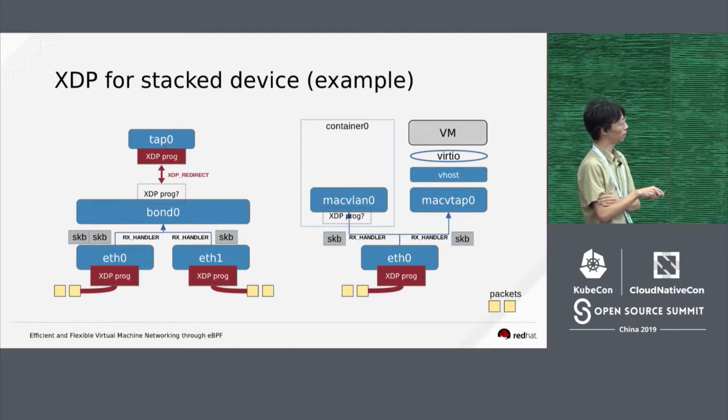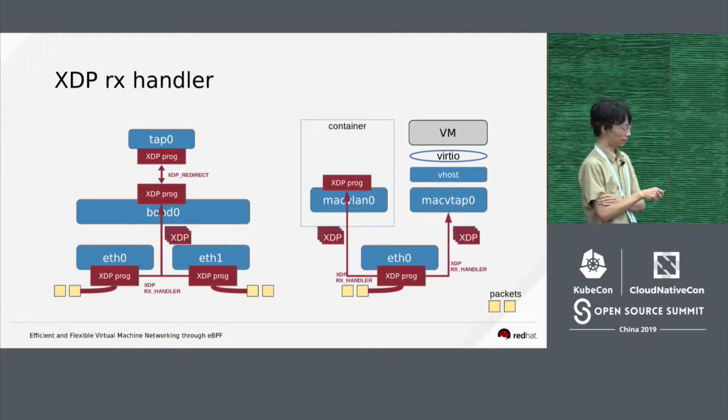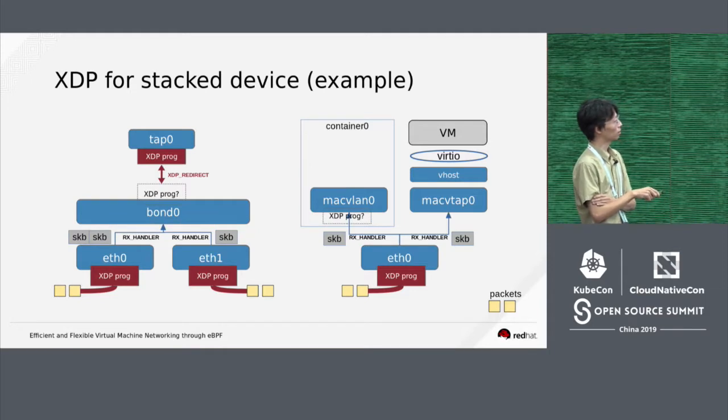We can see this bond, it has one eth0, one eth1. So we can use the tap, and we cannot copy all the program into this bond. So it's hard to do the virtualization on both the eth and the bond. Also we cannot transfer this to the XDP program in this virtualized environment.